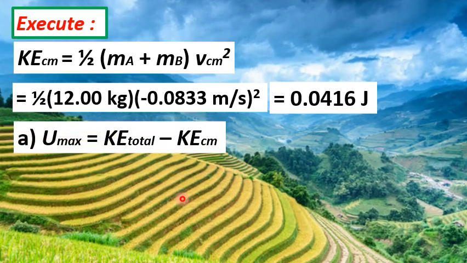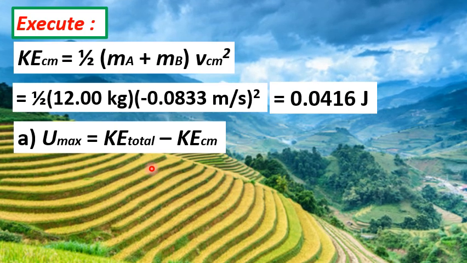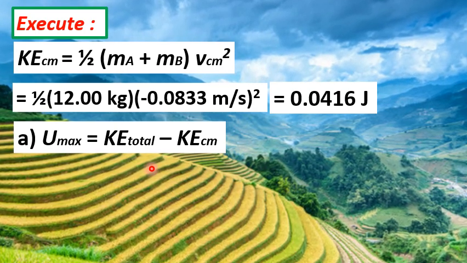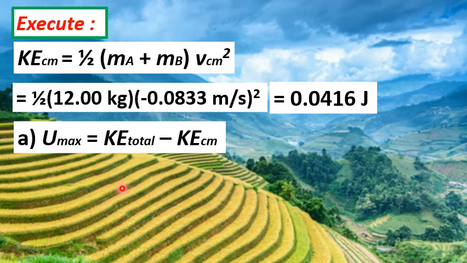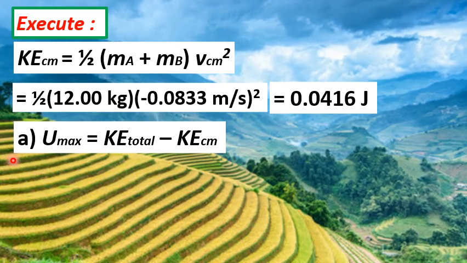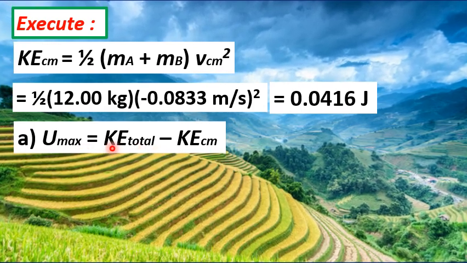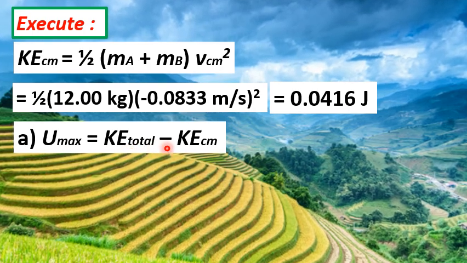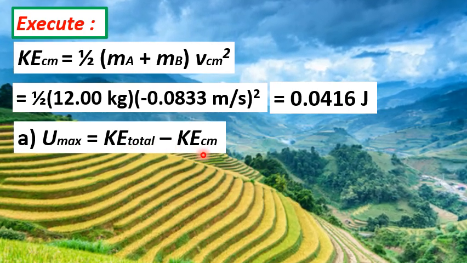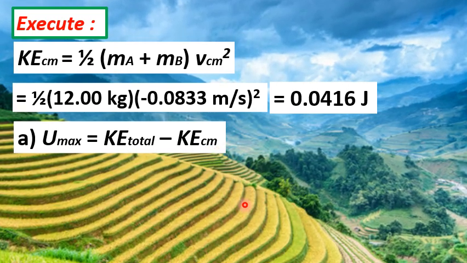So we can now continue in our computation for the maximum elastic energy that is stored in the bumper's spring, denoted by capital U max. So we just deduct the total kinetic energy of the system before the collision minus the kinetic energy of the center of mass, K sub cm.